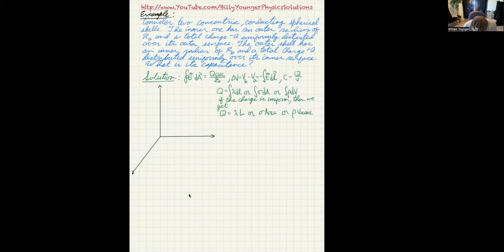And what I'm going to do is draw an inner spherical shell, and that inner sphere is going to be centered on the origin. That actually was not bad, but I wanted it to automatically correct it and make it a perfect circle. It did not do that, so I redrew it. So that's the inner radius of the inner spherical shell.